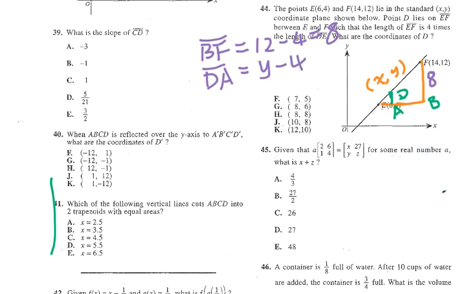Now we can set up another ratio of corresponding sides equal. That will be DA over FB equals ED over EF.